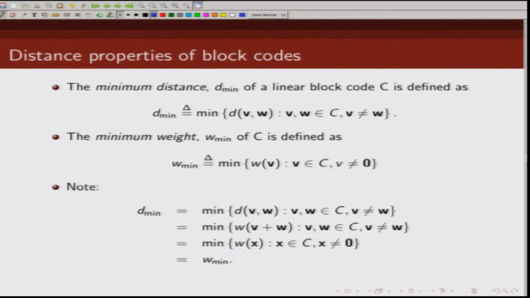So, in other words, this is nothing but the minimum weight of linear block code C. So, we can write that the minimum distance of a linear block code is equal to the minimum weight of a non-zero code word belonging to C.